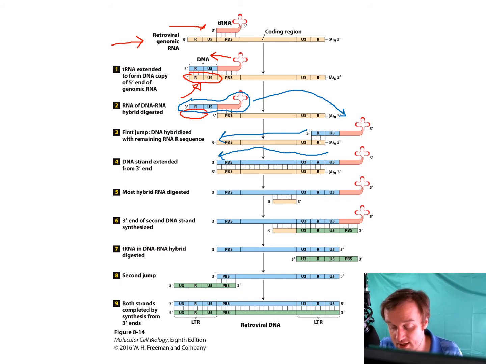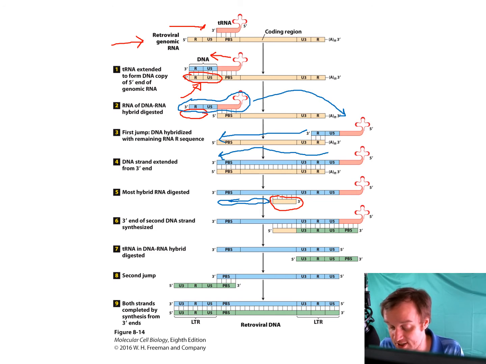From there, almost all of the hybrid RNA that was our template is digested. And we have an almost completely single-stranded piece of DNA minus this little chunk of RNA that is still in the middle here. From then, the 3' end of the second DNA strand is synthesized.